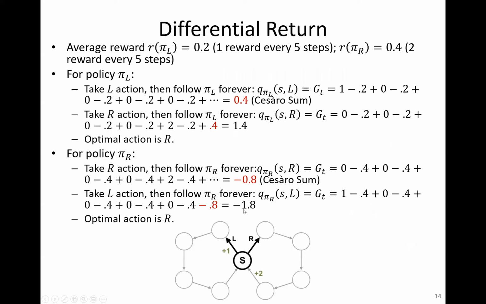So the differential return for this MDP. First, we can get the average reward of the left action as 0.2, which is 1 reward every 5 steps. And for the right action, it's 0.4, which is 2 rewards every 5 steps.